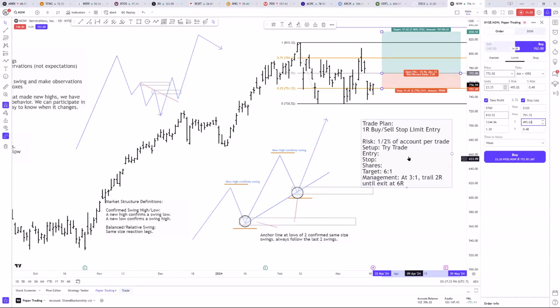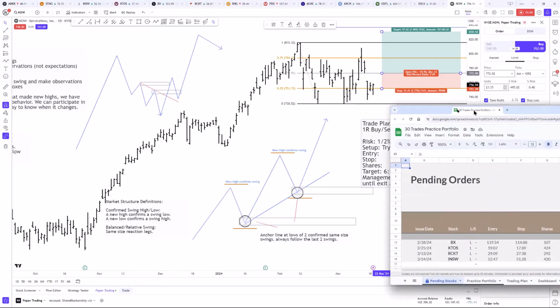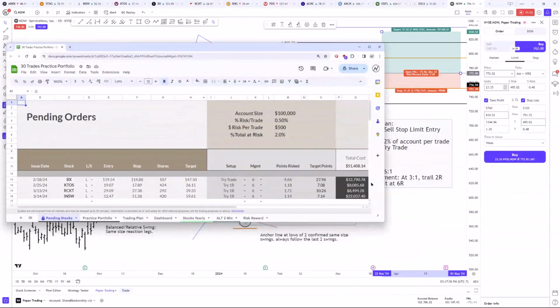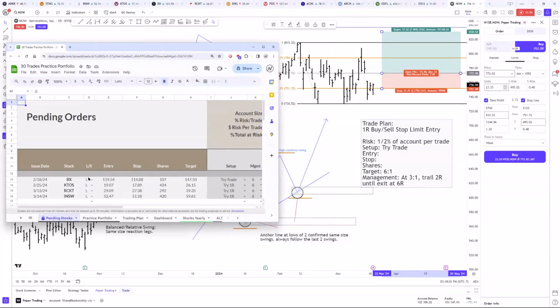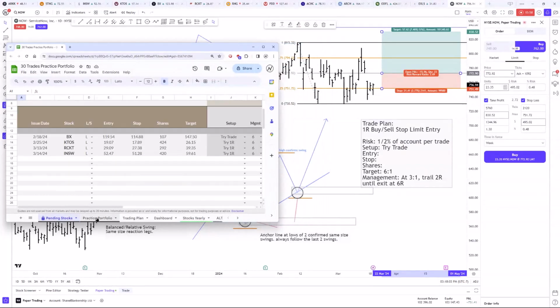All right, so we need shares now. So what I'm going to do, and this is also part of my practice, now we're going to do the documentation. This is part of the documentation. And I also like to put these into a spreadsheet. So let me find my spreadsheet. This is going to calculate the shares for me nice and easy. And these are the current orders.